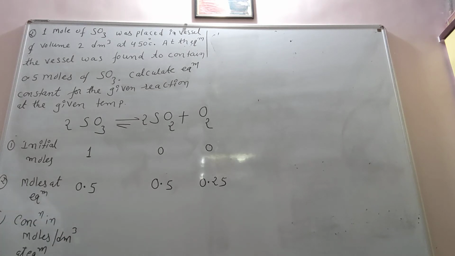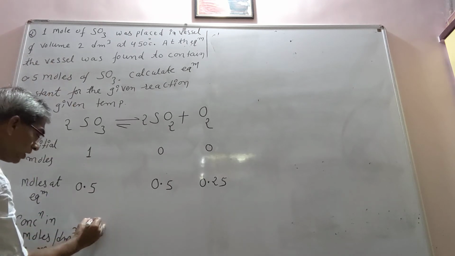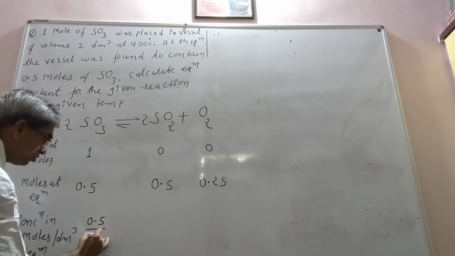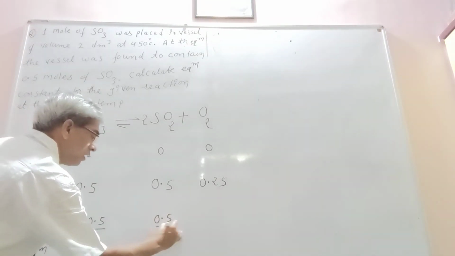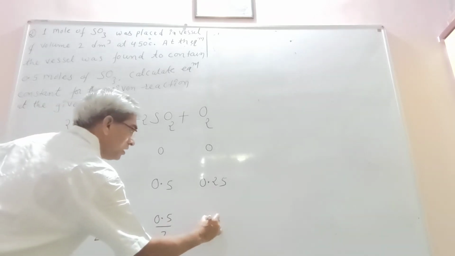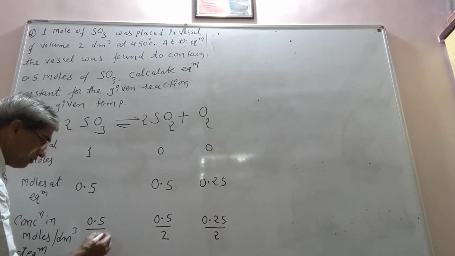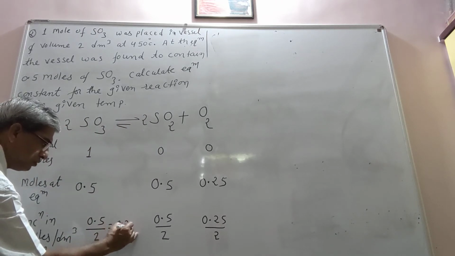How many dm cube? 2. Therefore, 0.5 upon 2 dm cube, 0.5 divided by 2, which is nothing but half of this, 0.25.